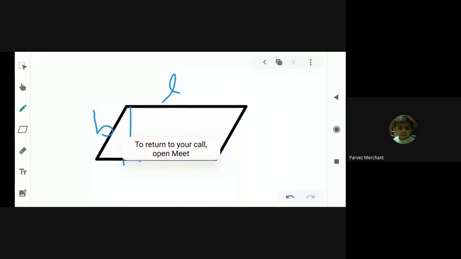In this parallelogram, we are taking area as LB, length into breadth, but here breadth is not perpendicular, not at 90 degrees. So we take one height. You can see in the figure.